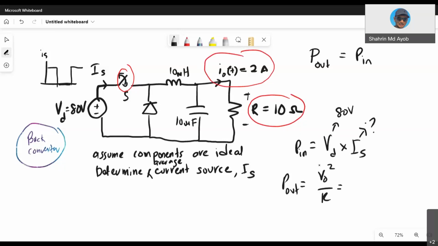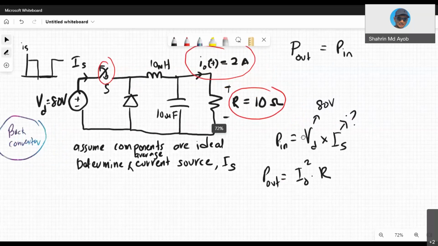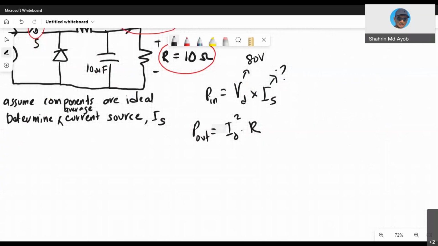Okay, so this one, sorry, this is not 80. This one should just use I square multiplied with the resistor. So this one is 2 squared multiplied with 10, which is 40 watt.